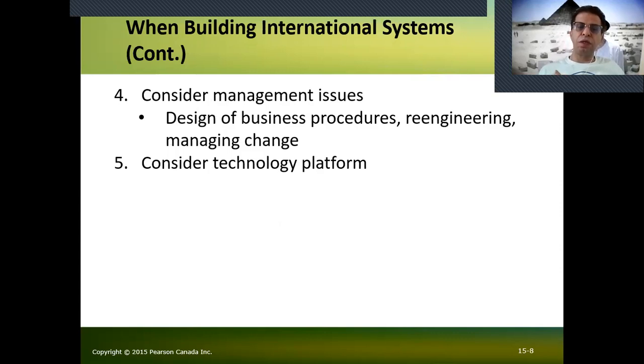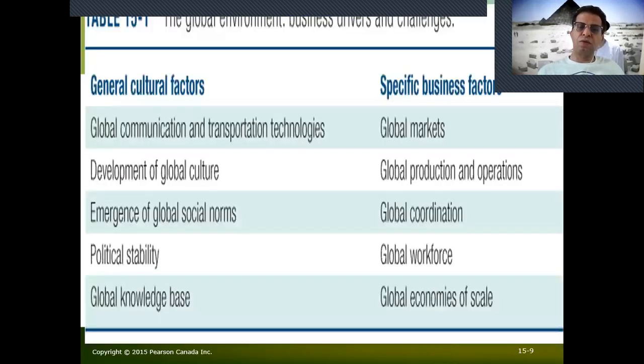When building an international system, we also need to consider management issues, design of business procedures, re-engineering and managing change. And we also need to consider the technology platform. There are general cultural factors and there are specific business factors.